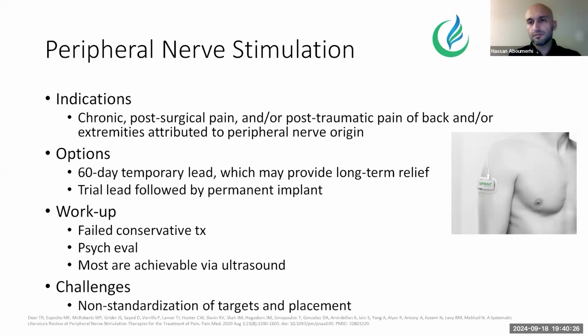Some is a combination of mechanical and nociceptive pain with nerve pain, and some is traumatic, some is not. But essentially, if the pain physician is able to identify a target nerve that is involved in at least a majority of the patient's pain syndrome, then you can stimulate that nerve peripherally to try and produce a result.